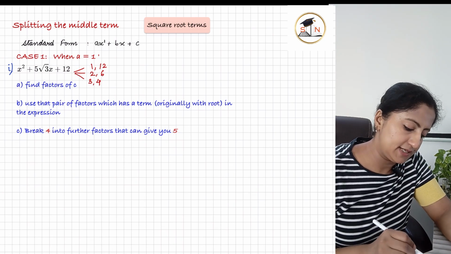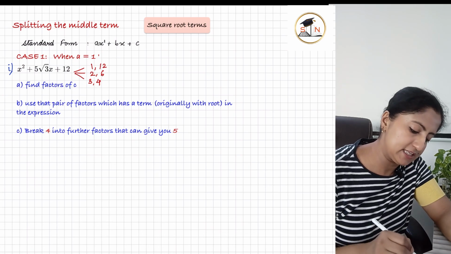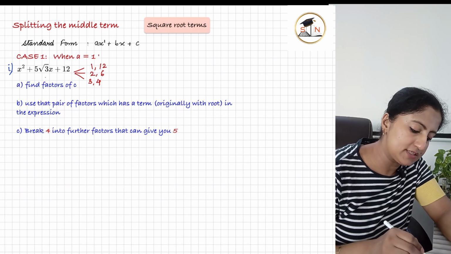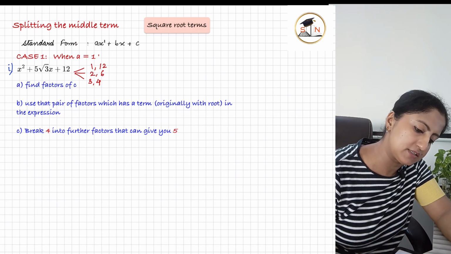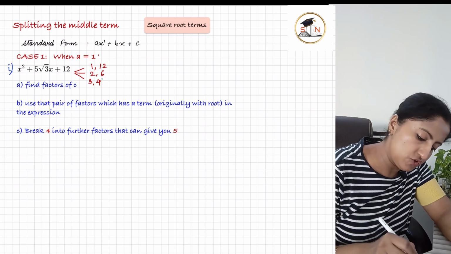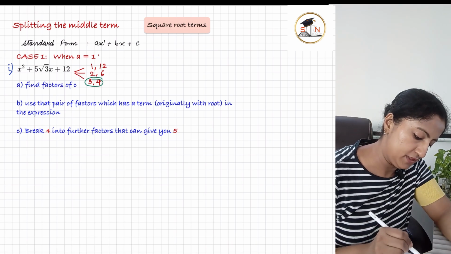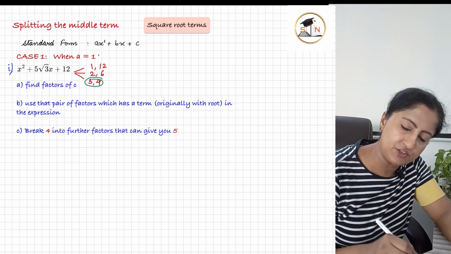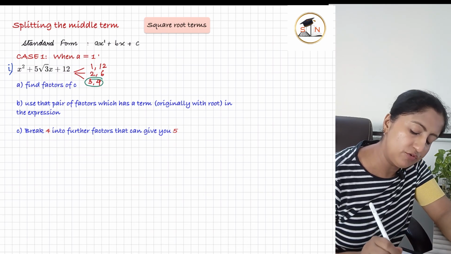Now the second step says use that pair of factors which has a term originally with root in the expression. Now, root is root 3. So that means we are being asked to select the group of factors where one of the terms should be 3. So we will select 3 and 4. The next step says break 4 into further factors that can give you 5.